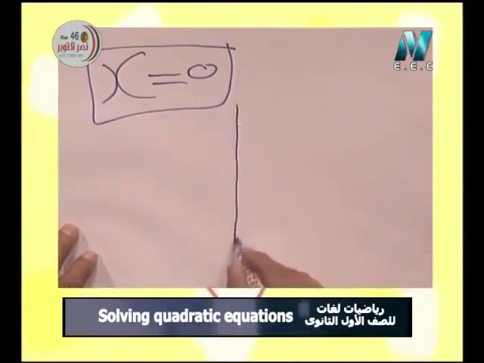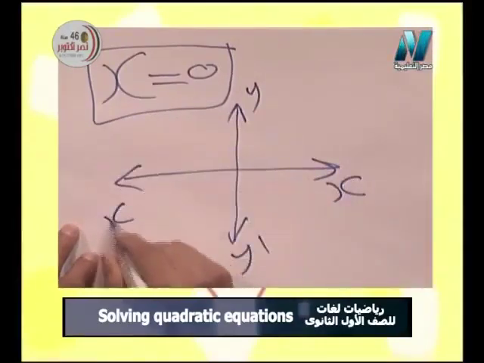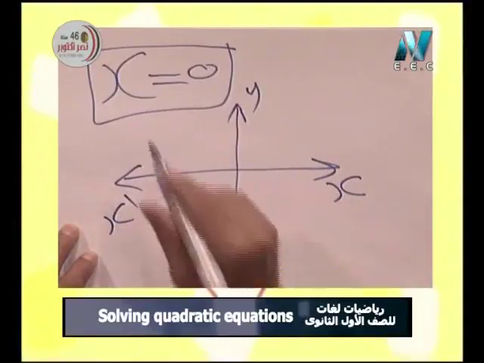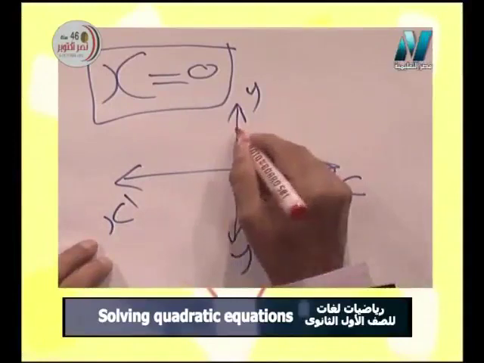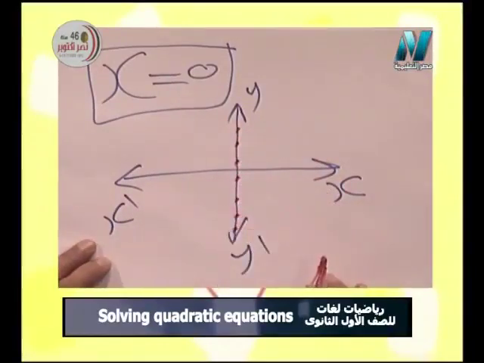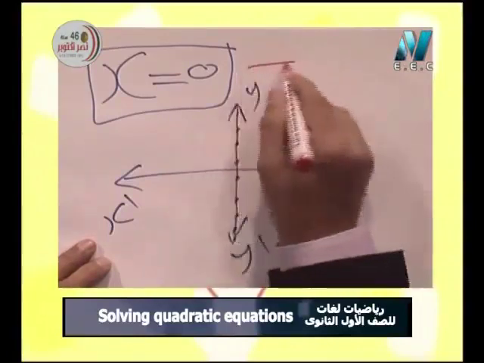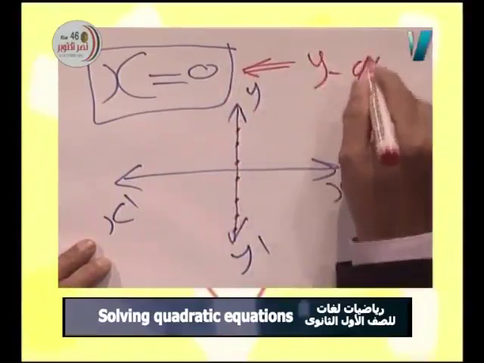If we have a y-axis like that and an x-axis like that, x equals 0 means each point here, so it is the y-axis.